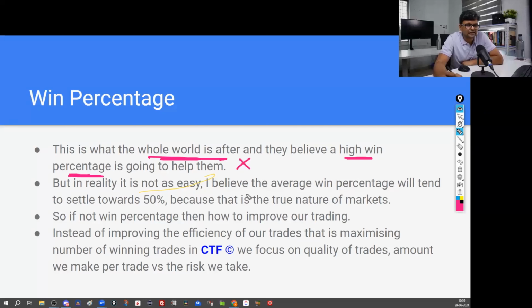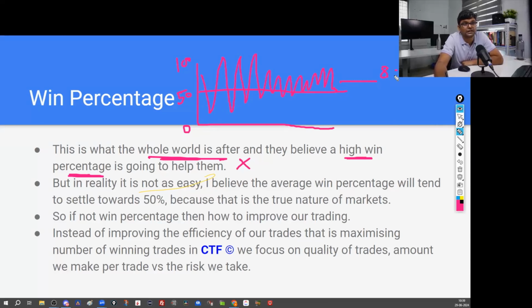But in reality, what I believe is that no matter what you try, okay, if this is the graph where you're tracking your win percentage, 0, 100% rates are winners, and somewhere in between, say 50%, no matter what your graph is, it will slowly, eventually tend towards 50%. So if you trade over a long period of time, it will be close to 50 or consistently above 50, let's say, not by much, all right?